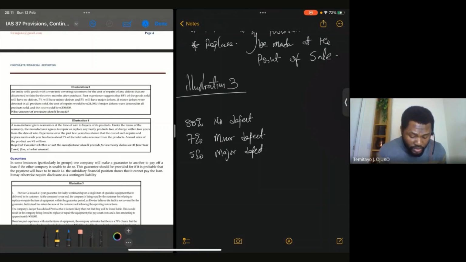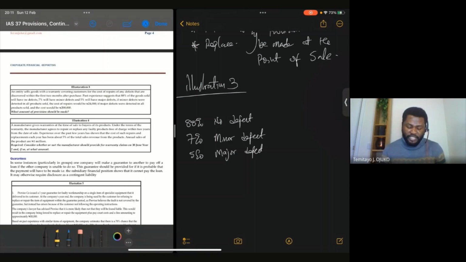Were we told? Okay. An entity sells goods with a warranty covering customer for the cost of this. What amount of provision should be made? Now, let's just look at it from this point of view.